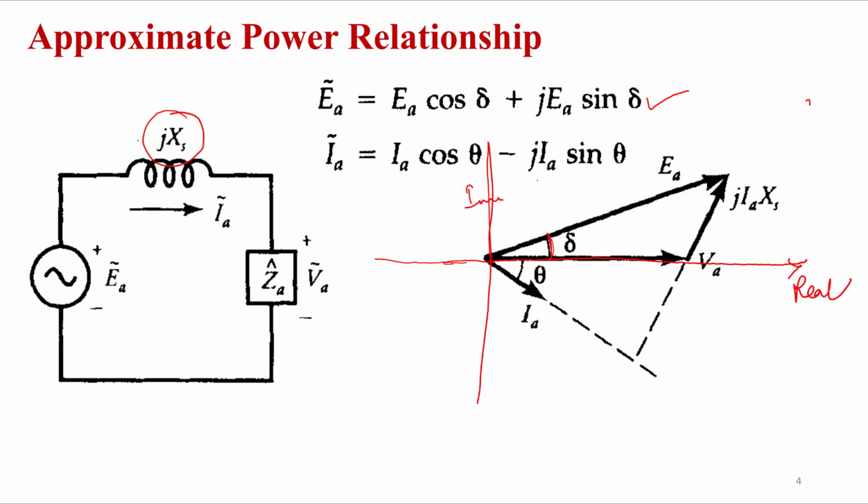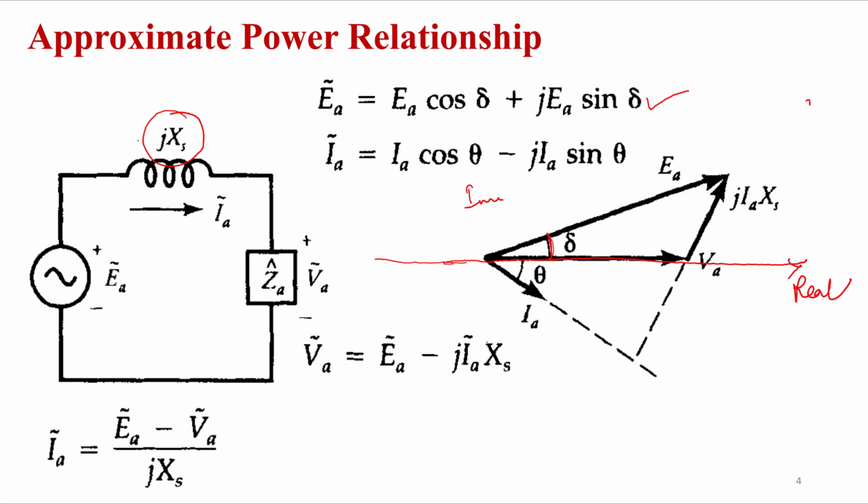IA is projected in the negative imaginary part, so it will be minus J of IA sin theta, right? Now the equation for terminal voltage VA is VA equal to EA minus J of IA XS.